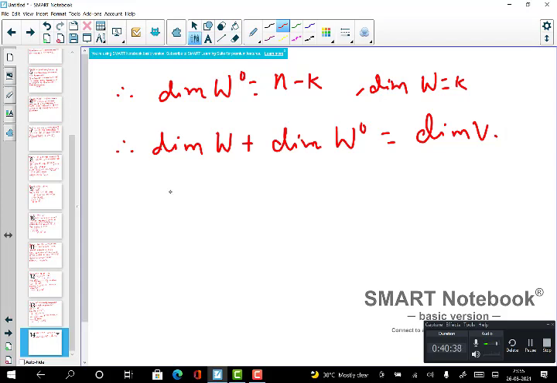If you choose W with dimension n minus 1, then W naught will have dimension 1. So there will be exactly one linearly independent linear functional whose null space is this W. So this is obvious. The proof is obvious.